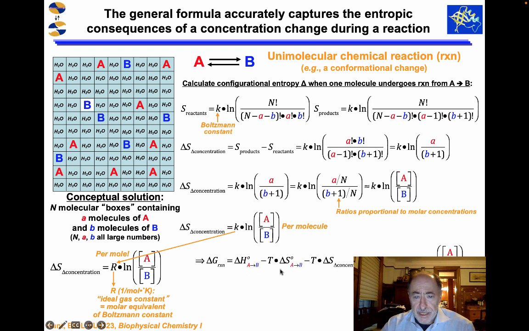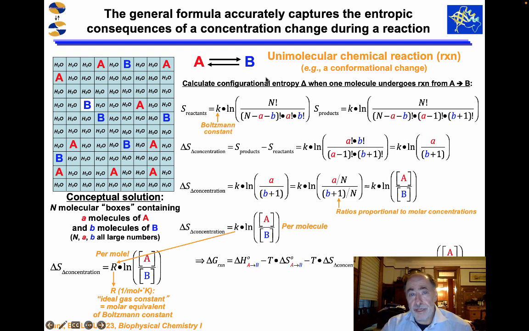And when we do that, in addition to the intrinsic entropy change in the course of reaction, we're going to have this additional entropy change due to the change in the spatial configuration when a molecule of A goes to a molecule of B. And so, delta G equals delta H minus T delta S. In this case, there are two contributors to T delta S: the standard intrinsic entropy of the reaction, plus the entropy of the concentration change.